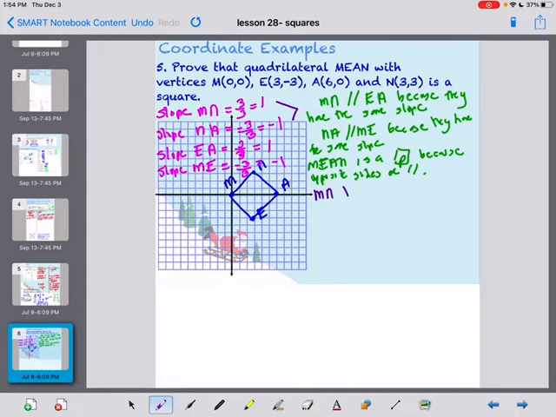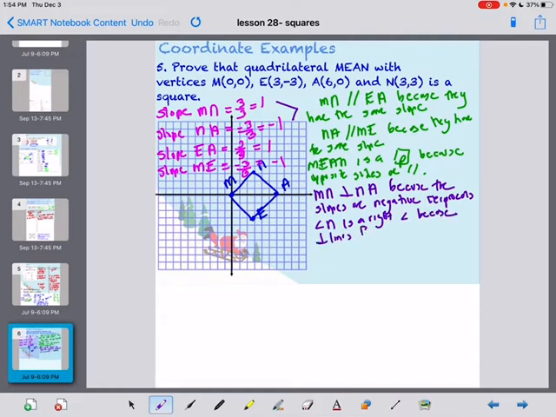So MN is perpendicular to NA because the slopes are negative reciprocals. So angle N is a right angle because perpendicular lines form right angles.